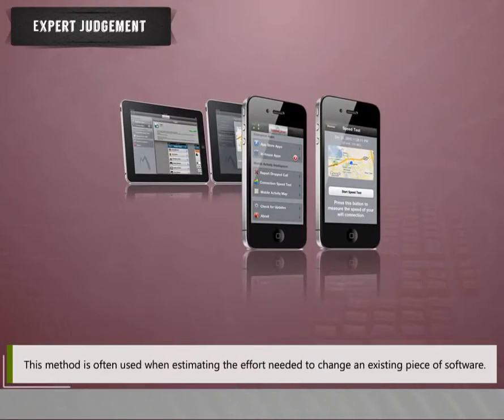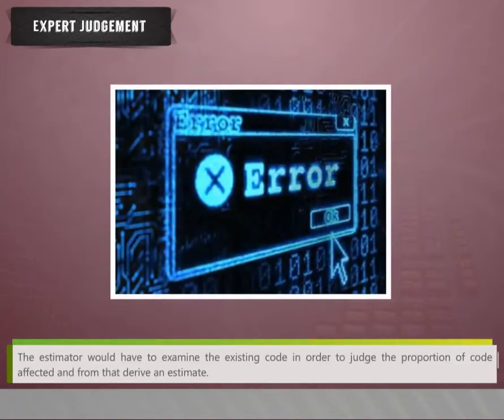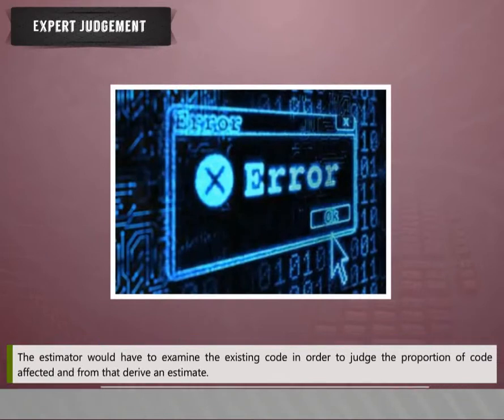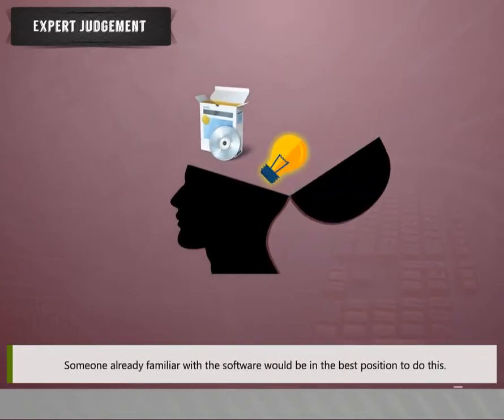This method is often used when estimating the effort needed to change an existing piece of software. The estimator would have to examine the existing code in order to judge the proportion of code affected and from that derive an estimate. Someone already familiar with the software would be in the best position to do this.